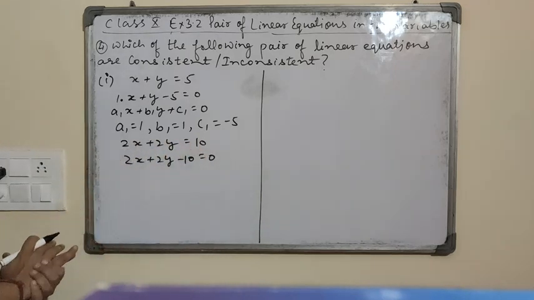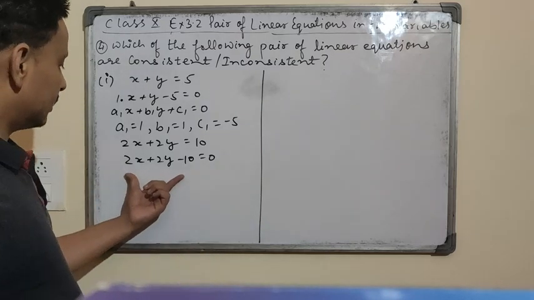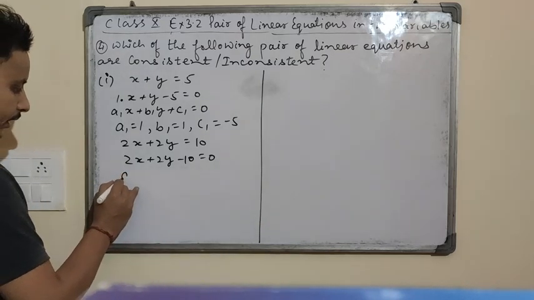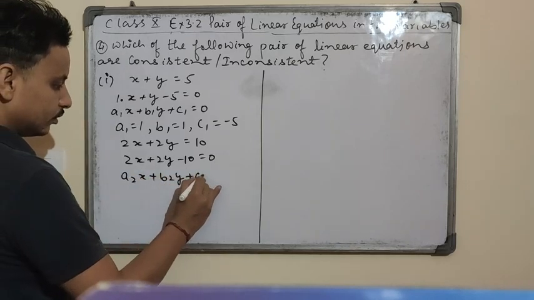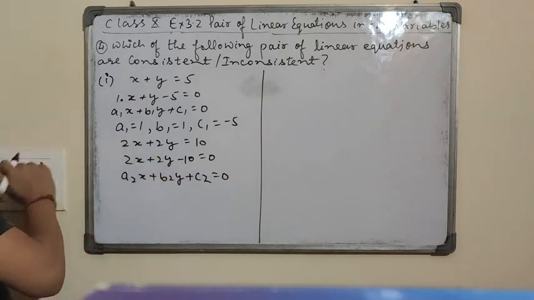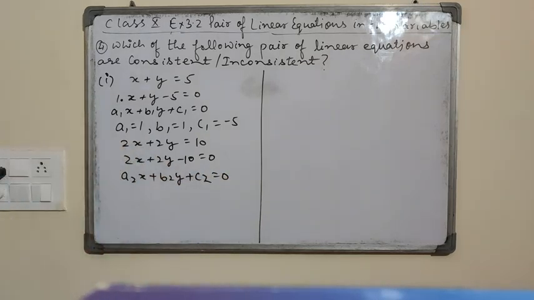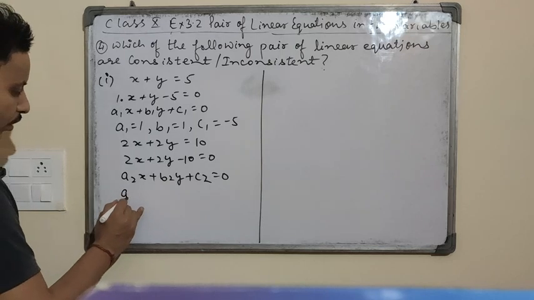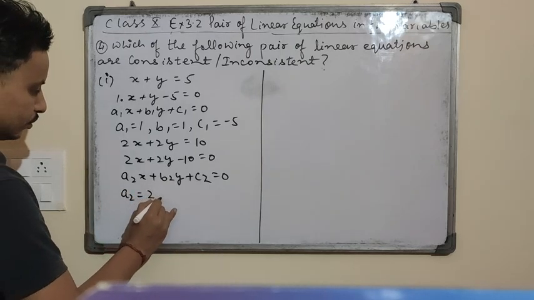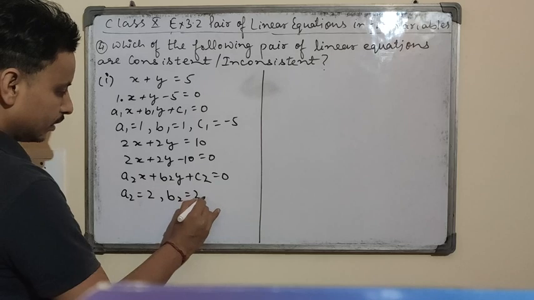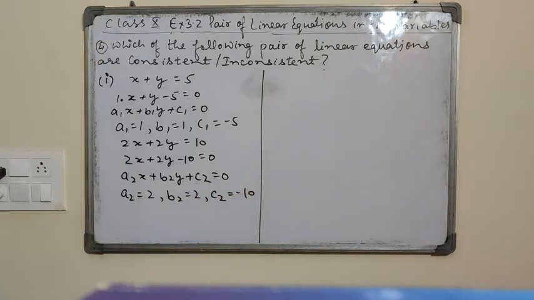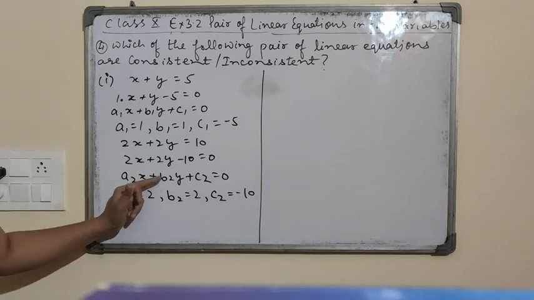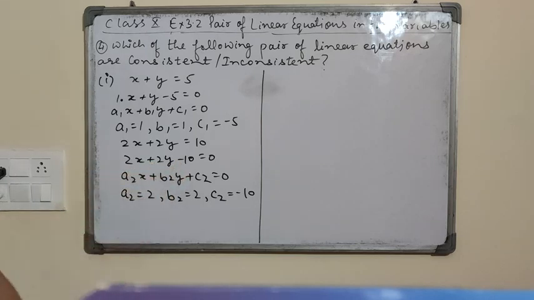Now again we will compare this equation with a2x plus b2y plus c2 equal to 0. On comparing we have a2 equal to 2, b2 equal to 2 and c2 equal to minus 10.